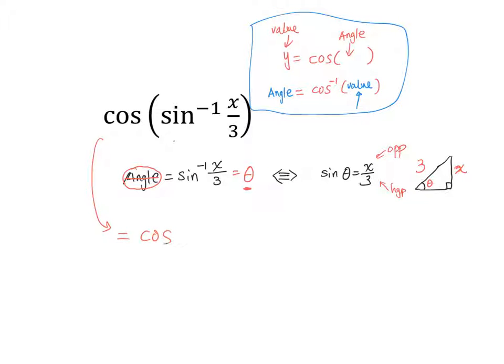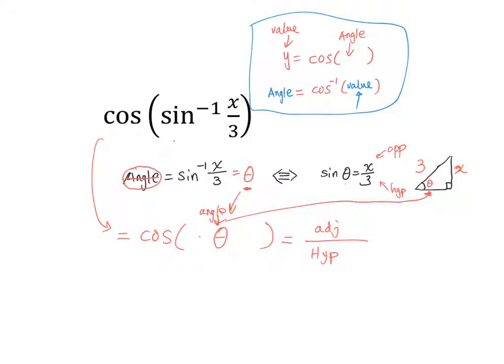Now take a look at what you have here. You're trying to find cosine of sine inverse of x over 3, which is the angle. This is the angle that I have, and in the graph it is right here. Cosine is defined to be adjacent over hypotenuse.